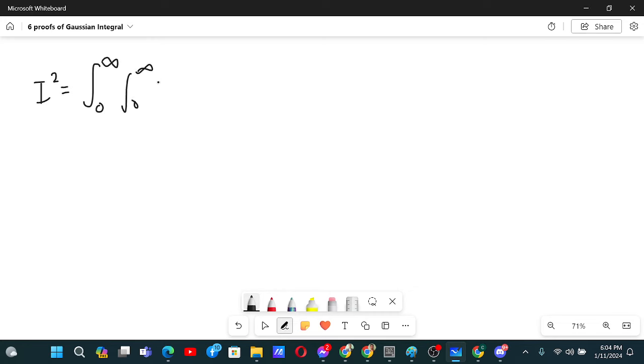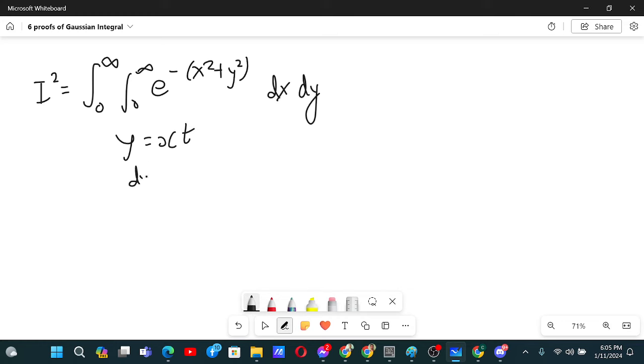U-substitution. For this one, it is also kind of similar though. We know that I square will be integral from 0 to infinity, integral from 0 to infinity of e to the power minus x square plus y square times dx dy. We can substitute y as xt.